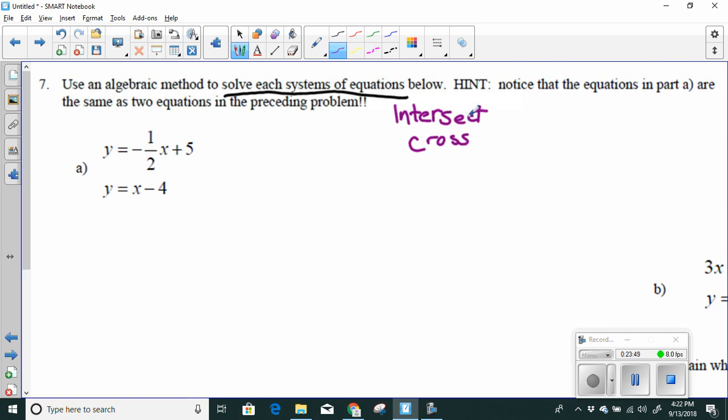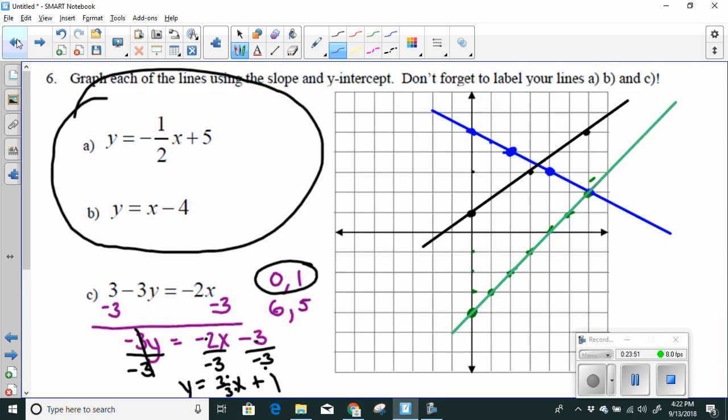So if you graphed the lines correctly in the last problem, you already know the answer. The answer for where these two lines cross is right here. The answer should be 1, 2, 3, 4, 5, 6, 2. It should be 6, 2. So we should be able to get this answer in part 7.